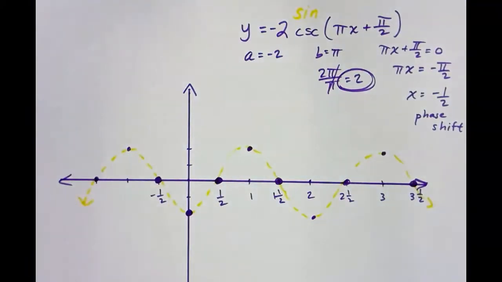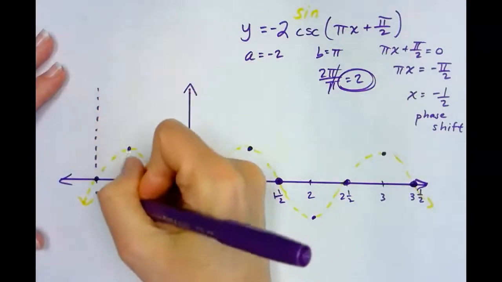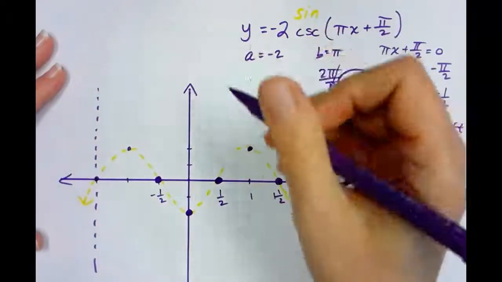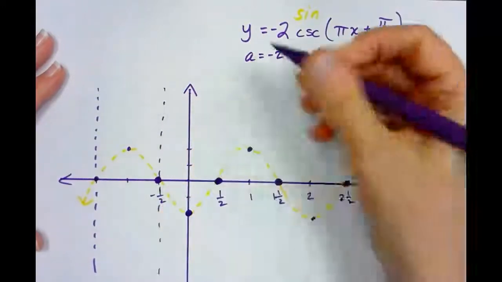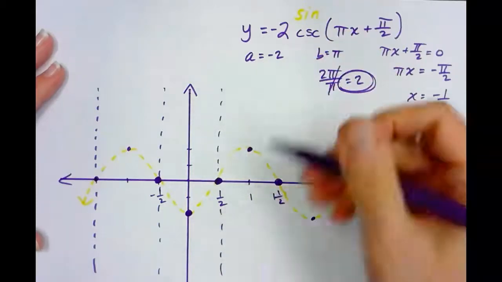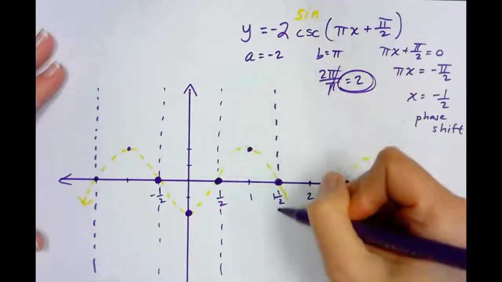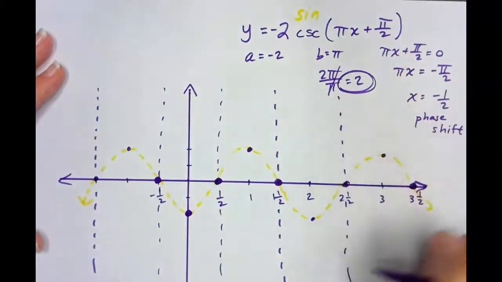So our cosecant is going to have an asymptote every time we have a midline cross. And remember on our quiz tomorrow that I want to see these asymptotes. I want to see where the graphical limits are for this function.